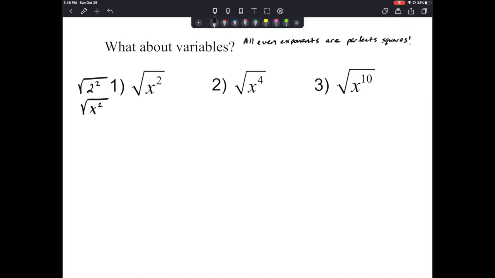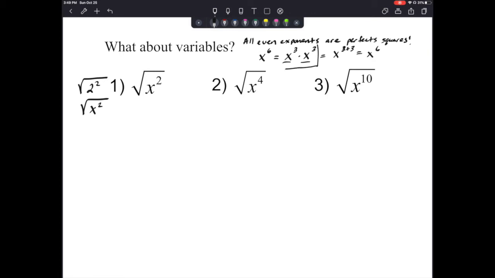Think about it here as if I was to say, let's use an even number that's not on here. Let's say x to the 6th. Well, x to the 6th comes from x to the 3rd times an x to the 3rd, right? When we multiply two numbers with the same base, we add their exponents. So that'd be like saying x to the power of 3 plus 3, which is x to the 6th.